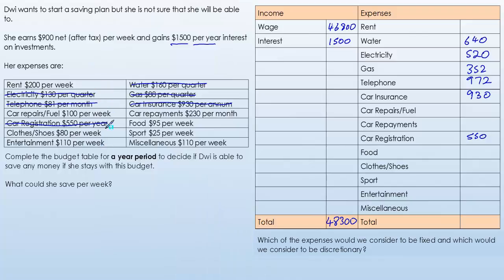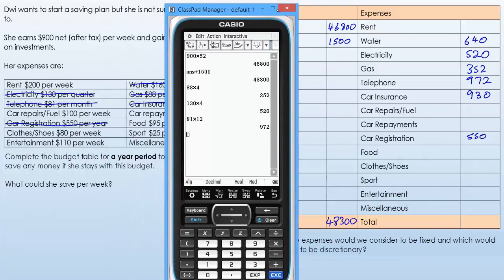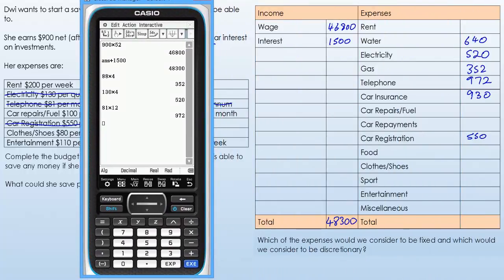What else is monthly? So we've got car repayments. So those were 230 per month. So 230 multiplied by 12, 2,760.